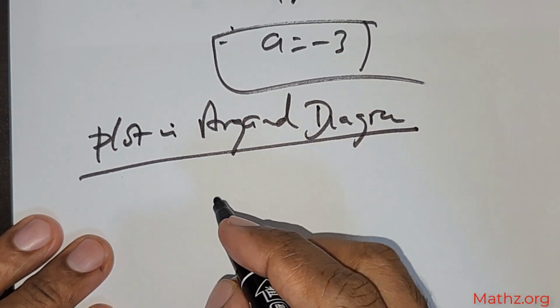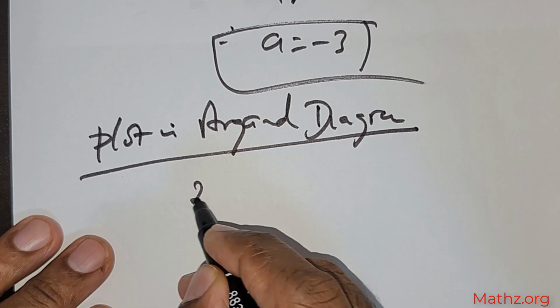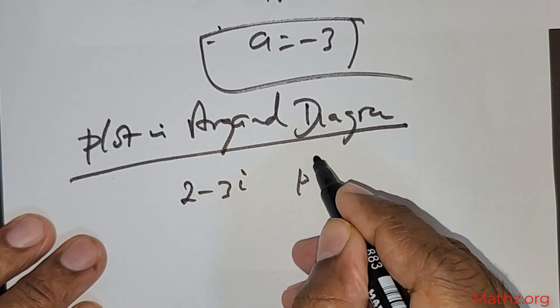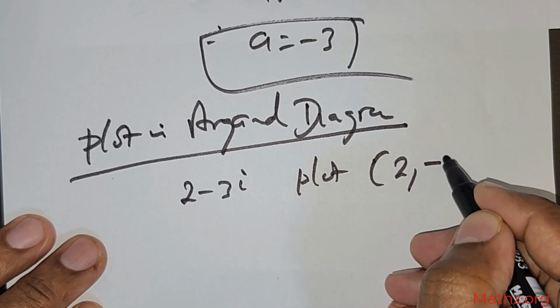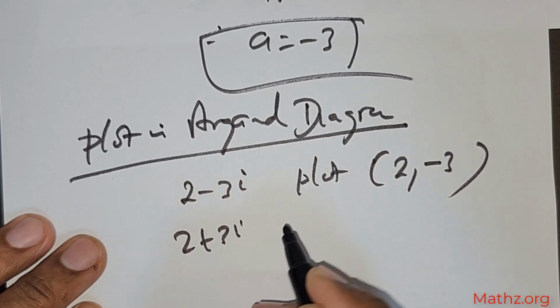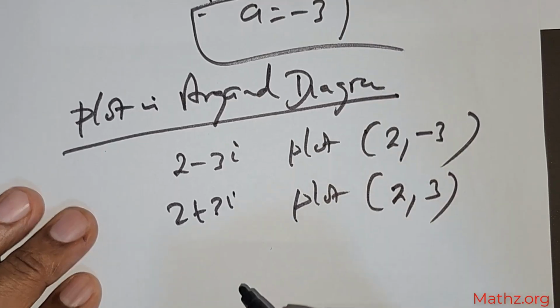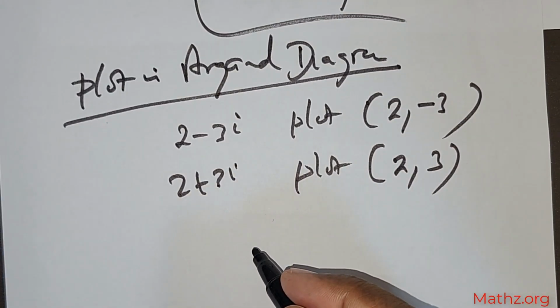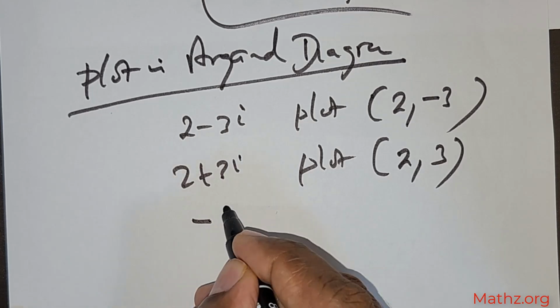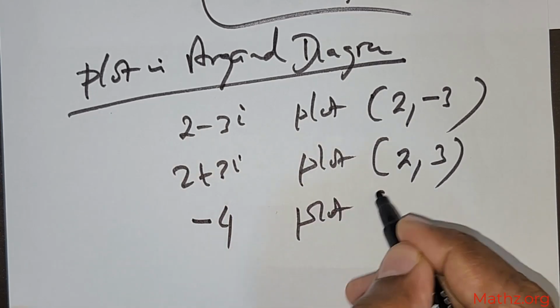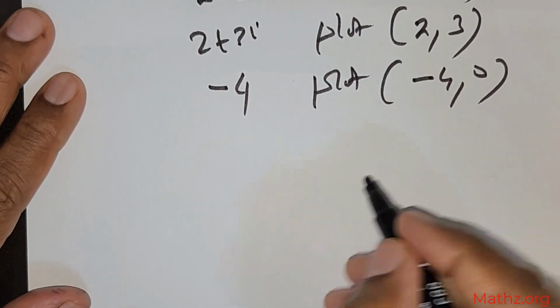So the first root, what is the first root? We got 2 negative 3i, so that will be plotted as 2 comma negative 3. Then 2 positive 3i, that will be plotted as 2 comma 3, and then you got negative 4, so that will be plotted as negative 4 comma 0.